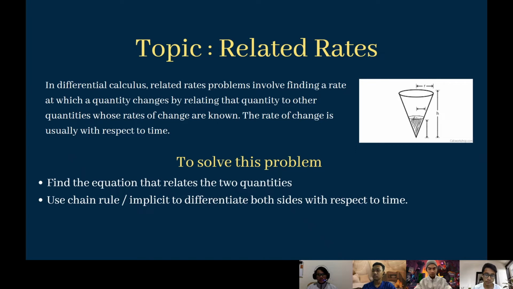The rate of change is usually with respect to time. And the method to solve this question is firstly to find the equations that relate the two quantities. And the next is to use chain rule or implicit differentiation to differentiate both sides with respect to time.